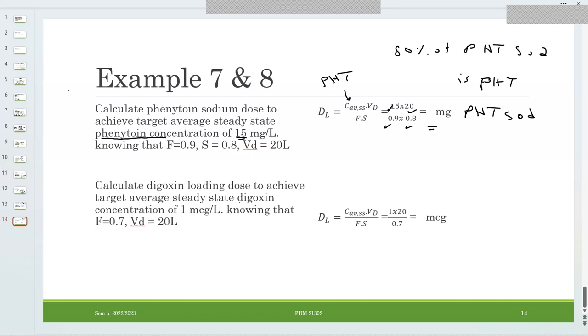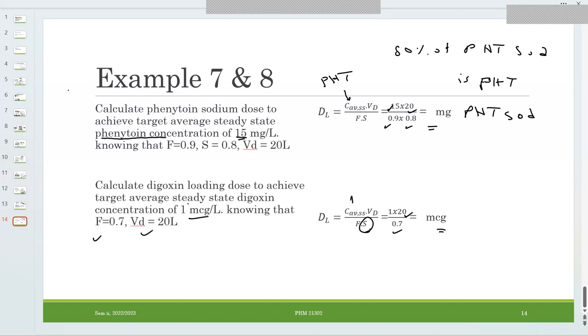Here, calculate the digoxin loading dose to achieve a target steady state concentration of digoxin, 1 microgram per liter, knowing that F equal to and Vd equal to. So the loading dose will be the same formula; don't forget the units. Here milligram per liter, the dose milligram. Here the dose should be microgram. So average steady state concentration 1 times Vd 20 divided by bioavailability.